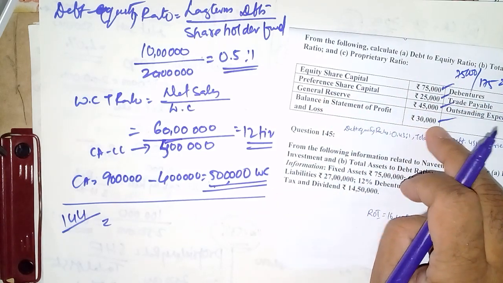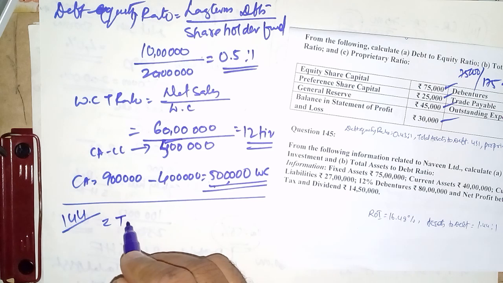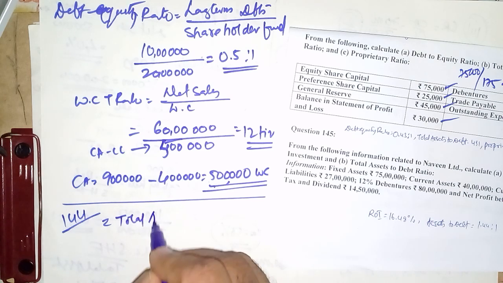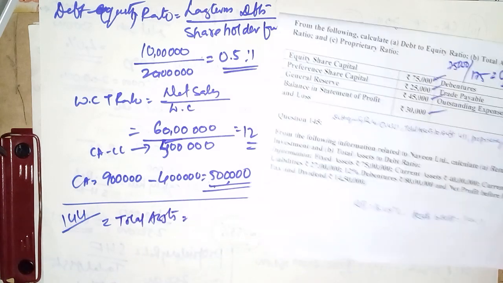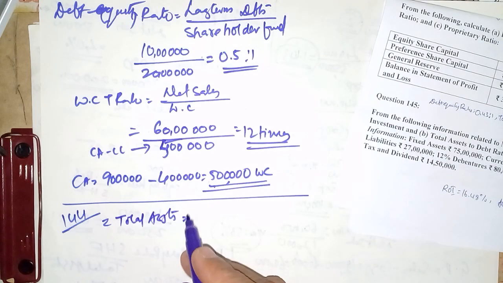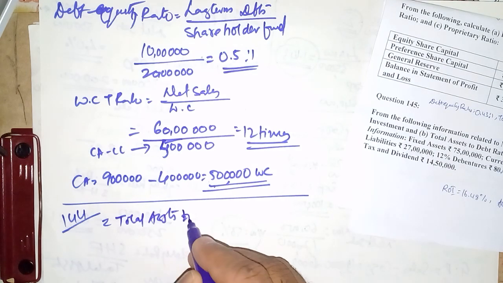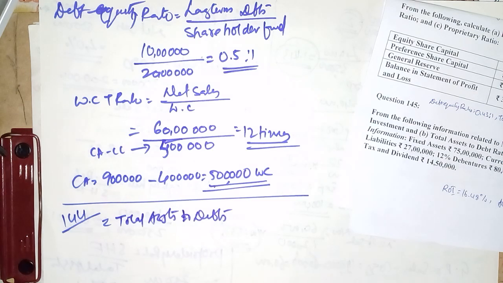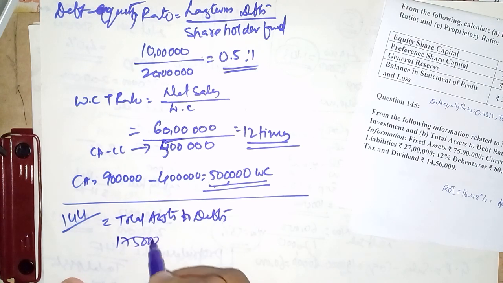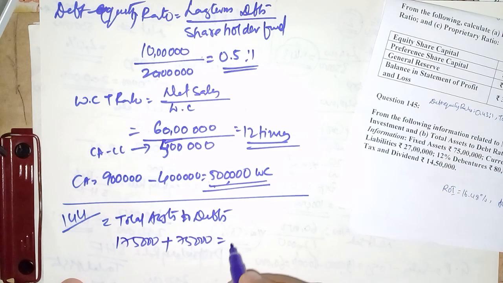We have given liabilities in question number 144. So total assets is the summation of all the shareholders fund and debentures. Shareholders fund we got how much? 1,75,000 plus debentures 75,000 is equal to 2,50,000, our total assets.